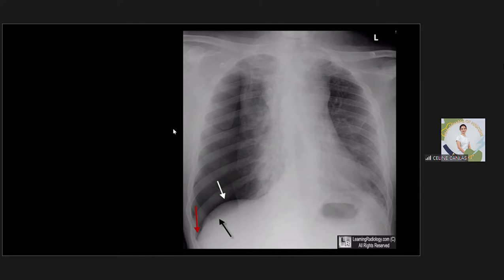Air, Doc. Air and fat. Good. So it's air and fat. But in this case, fat is least likely. So most likely it's air. So what do you call that condition wherein you have air in the pleural space?